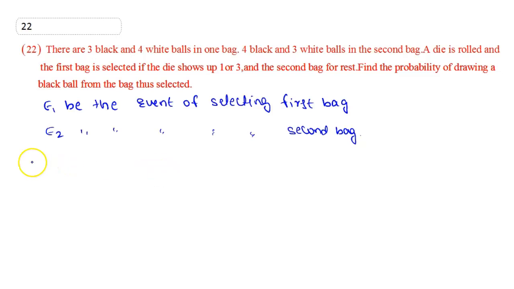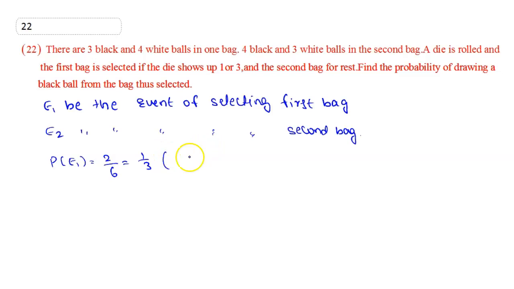So here P of E1 is equal to 2 by 6. P of E1 is equal to 2 by 6, that is equal to 1 by 3.